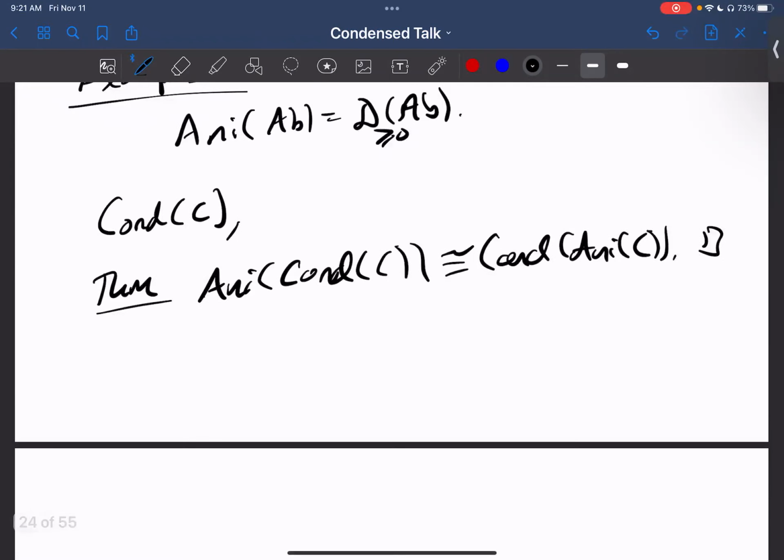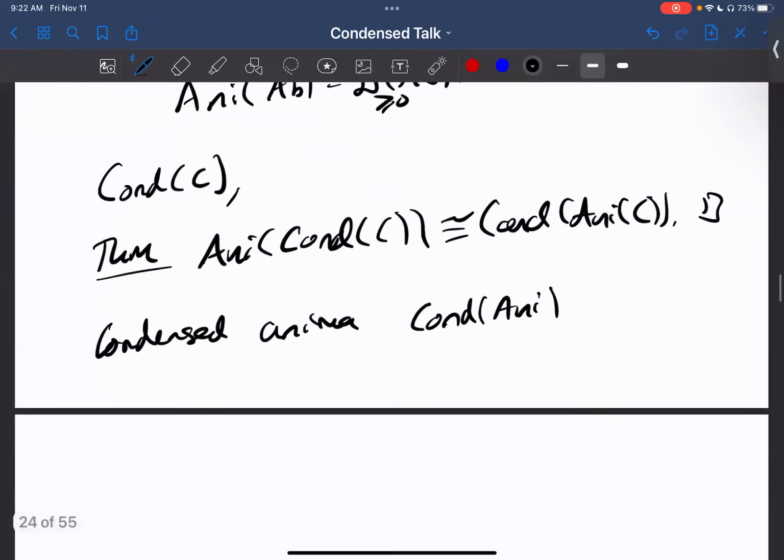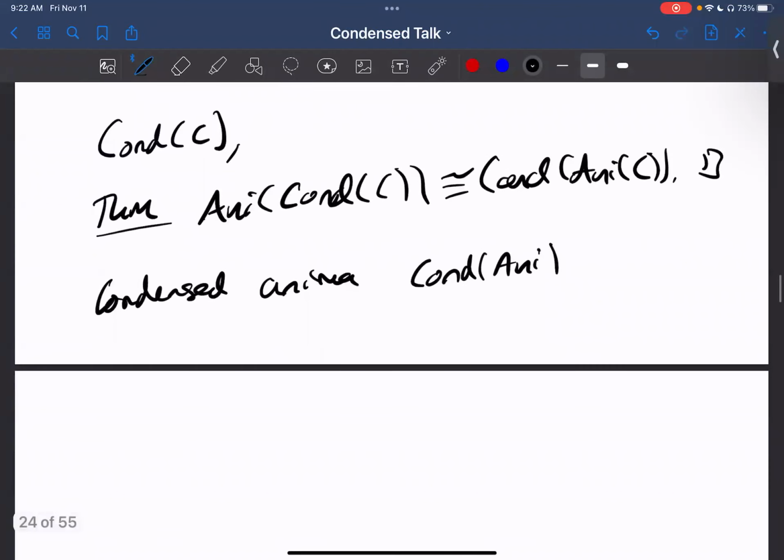And one thing we can talk about is condensed anima, which is just Cond(An), or equivalently the animation of condensed sets.